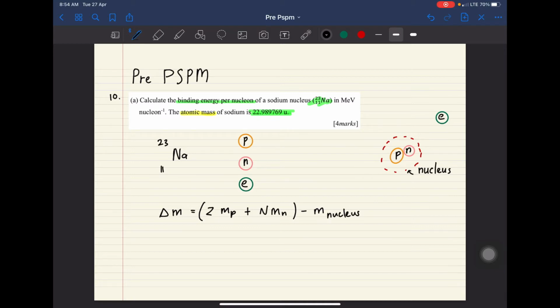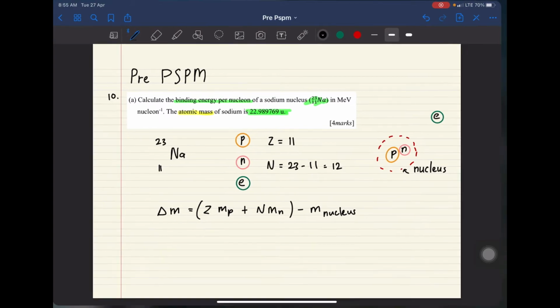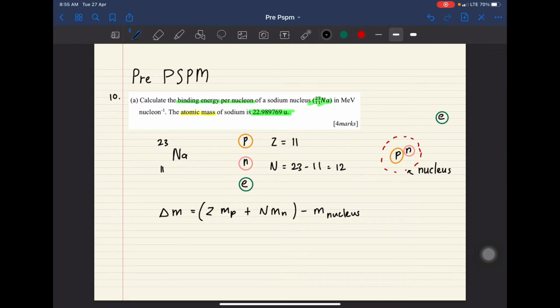So immediately you know that the number of proton, represented by Z, equals 11. The number of neutron is A minus Z, so 23 minus 11, which gives 12. The number of electron, in this case, is the same as the number of proton, so I can write this as Z as well.